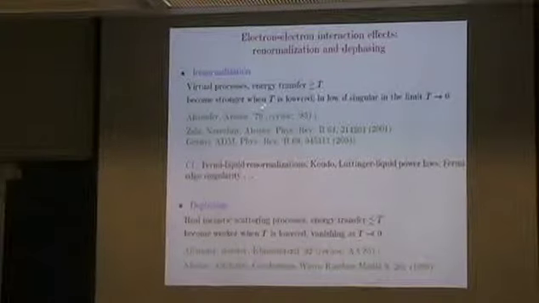constant. So there are two different types of effects. One we call renormalization, and the other we call dephasing. Physically there are two different types of processes. Renormalization comes from virtual processes with energy transfers which are larger than temperature, and these effects may become stronger when temperature is lowered, just because they are determined by energies higher than temperature.